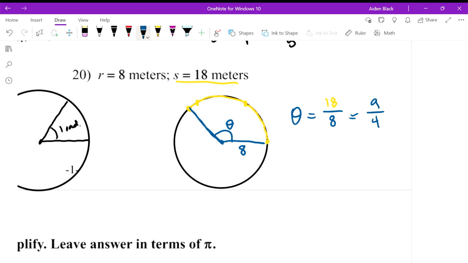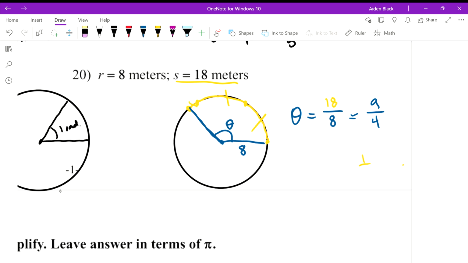And 9/4, if you wrote it as a mixed fraction, is 2 and 1/4 radians. And as you can see, as I drew, and I'll put this in yellow because that's how I drew the radians, it's 1, 2, and 1/4 radians.